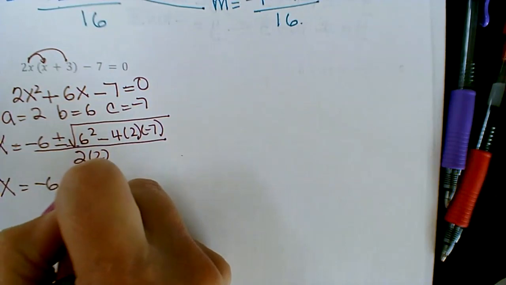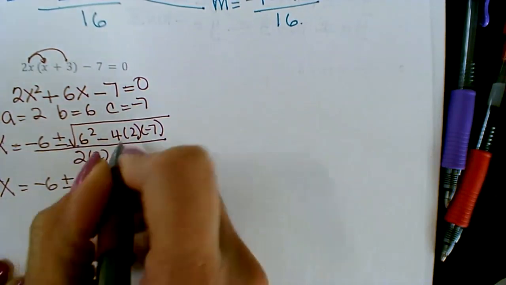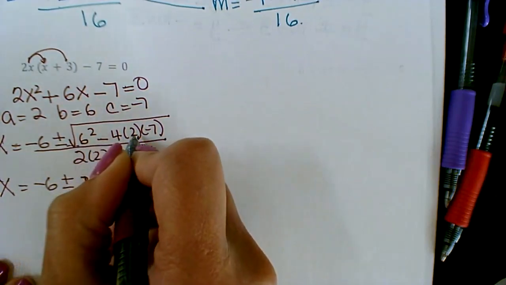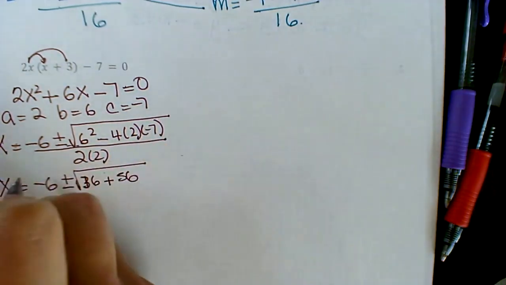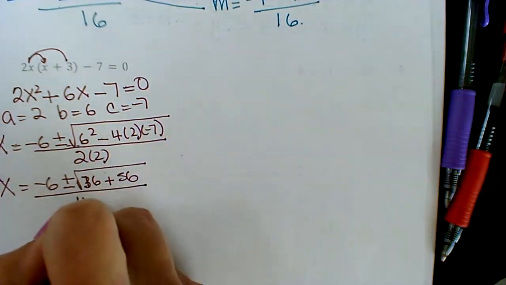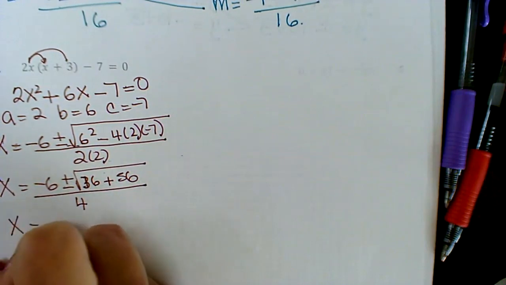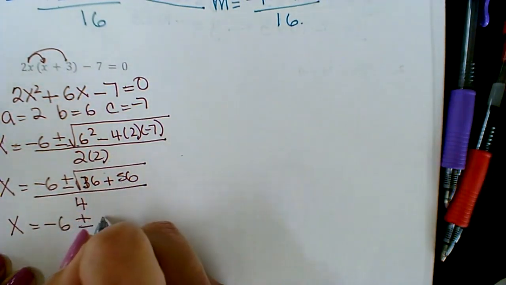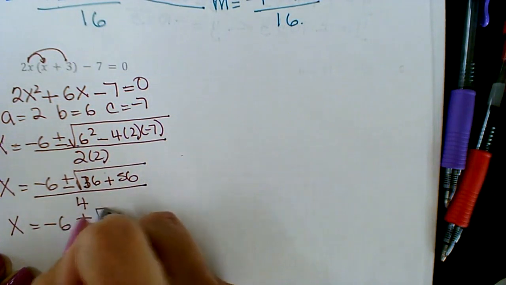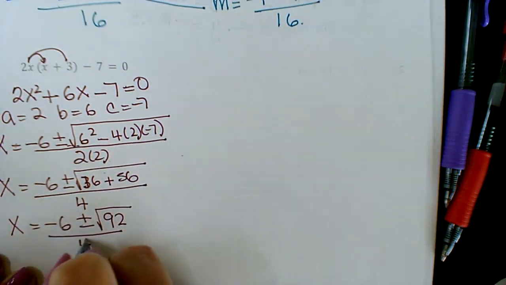This is 36, plus 56, divided by 4. So x is equal to negative 6 plus or minus the square root of 92 divided by 4.